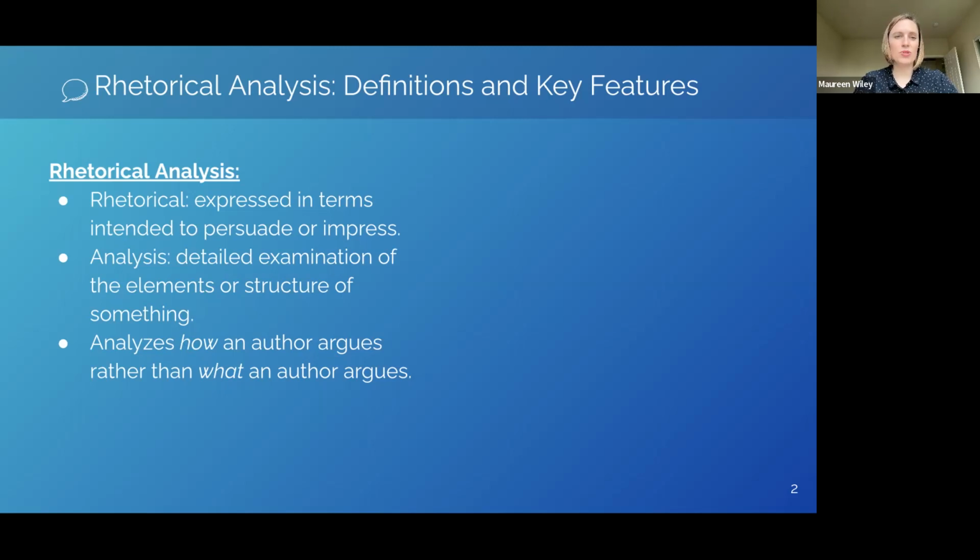So when we're doing a rhetorical analysis, we're taking a look at how an author or a speaker formulates their argument, transmits that argument, and gives a specific impression on their audience. So we're looking at how did they do it, not what did they do.